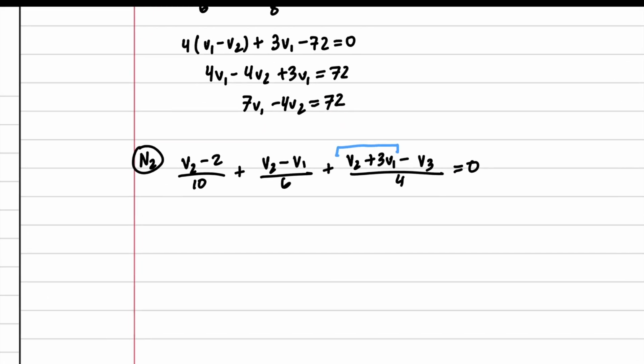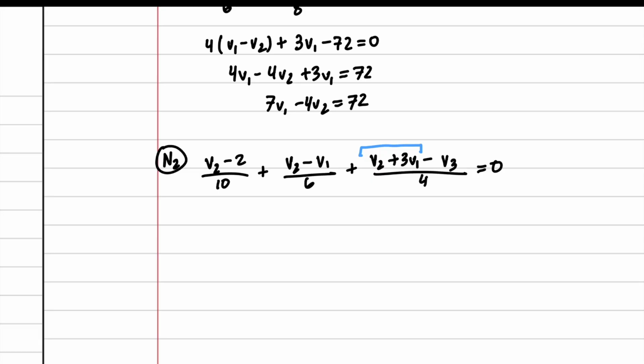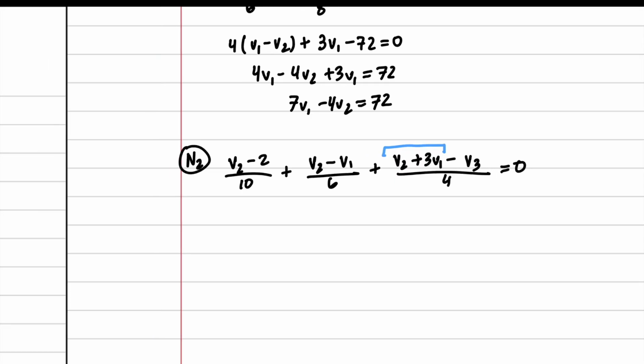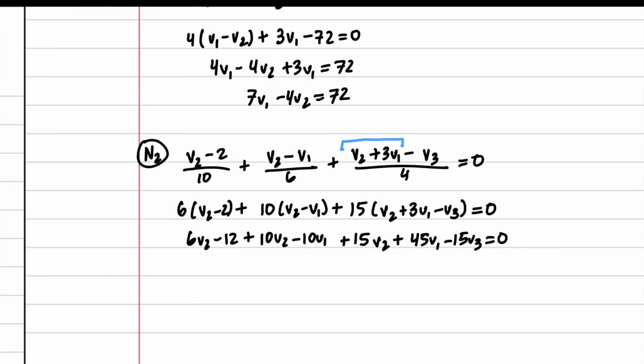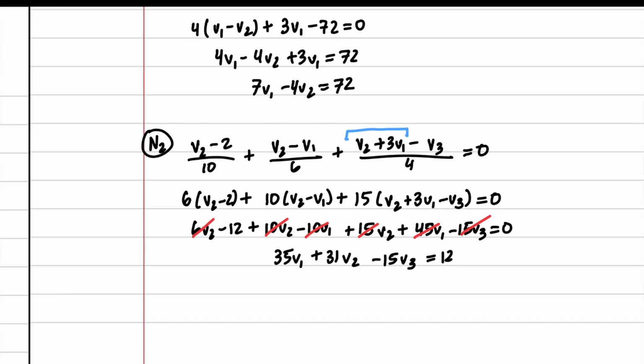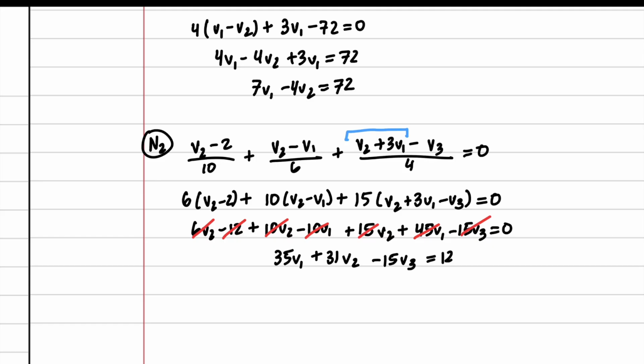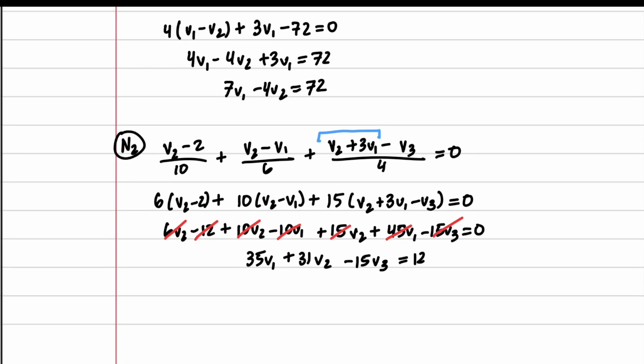Okay, so I'm going to go ahead and multiply by 60, and let's simplify. And we are left with 35V1 plus 31V2 minus 15V3 equals 12.